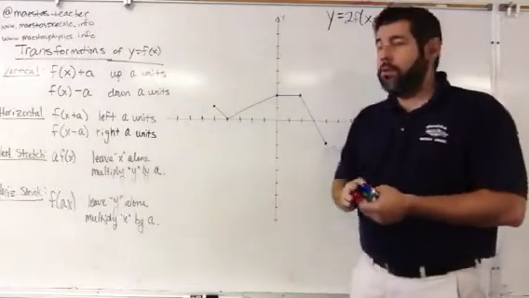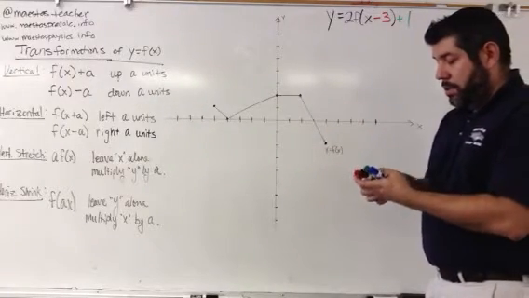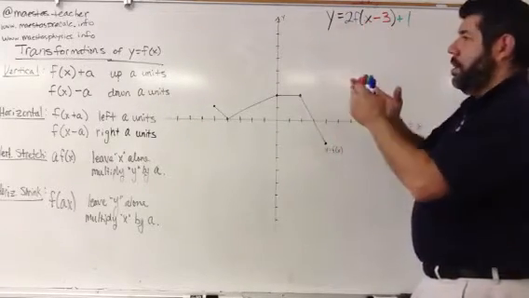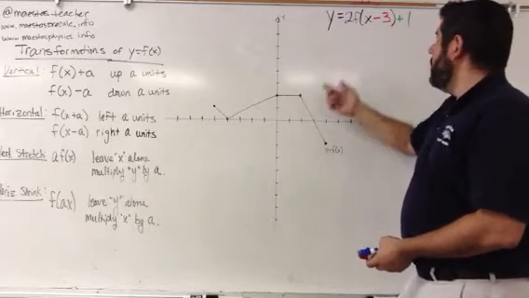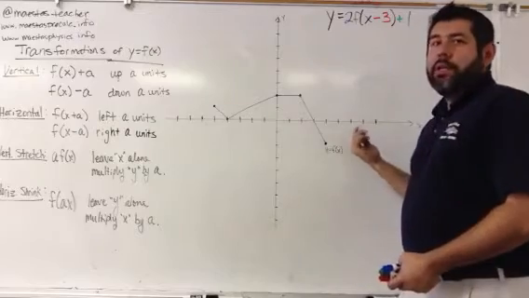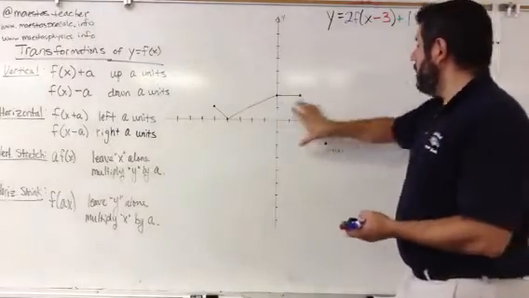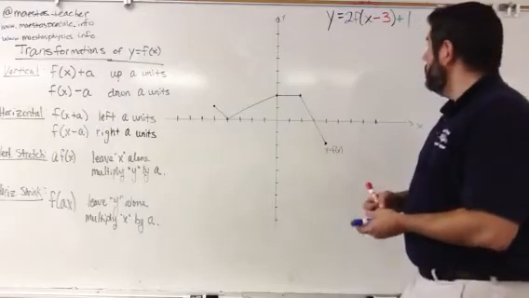We know that f of 0 lies on the y-axis. That's kind of like our back to the origin idea. So in order to make this 0, we would have to add 3 to it and go to the right. So we're going to do that to this graph, and that'll be our first step.